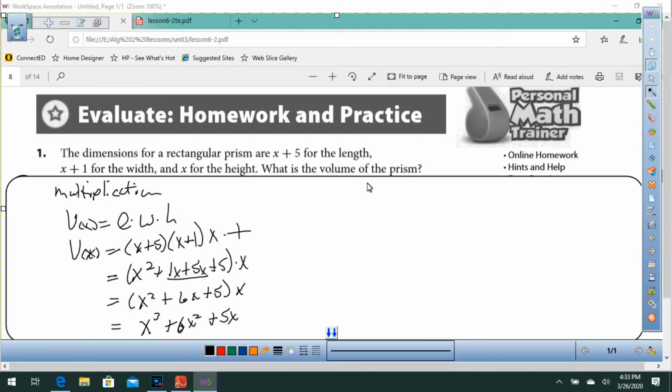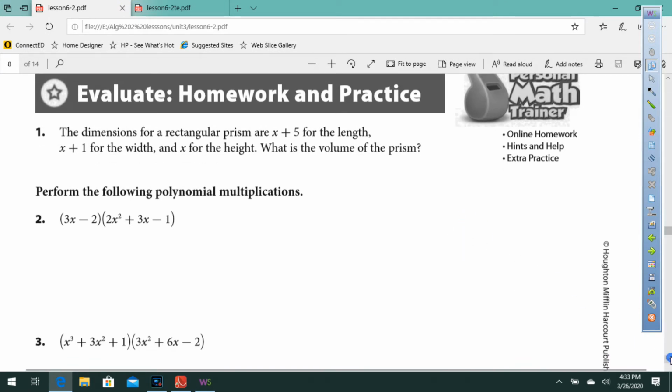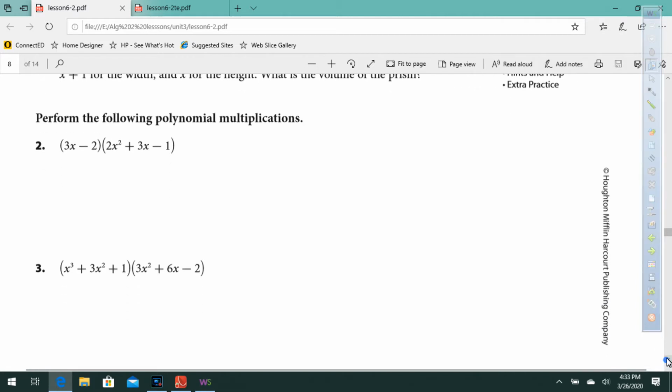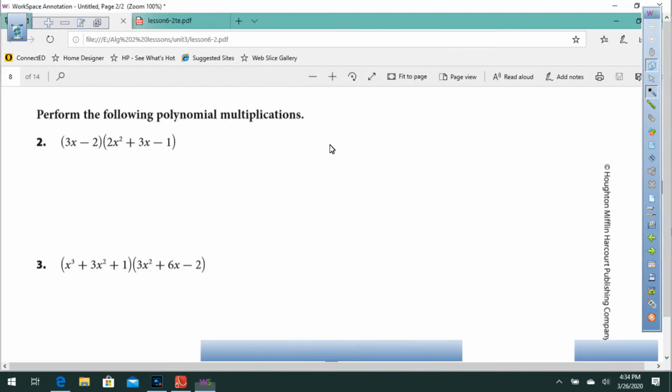All right. So number 2. Perform the following polynomial multiplications. I'm going to show you 2 ways to do it.